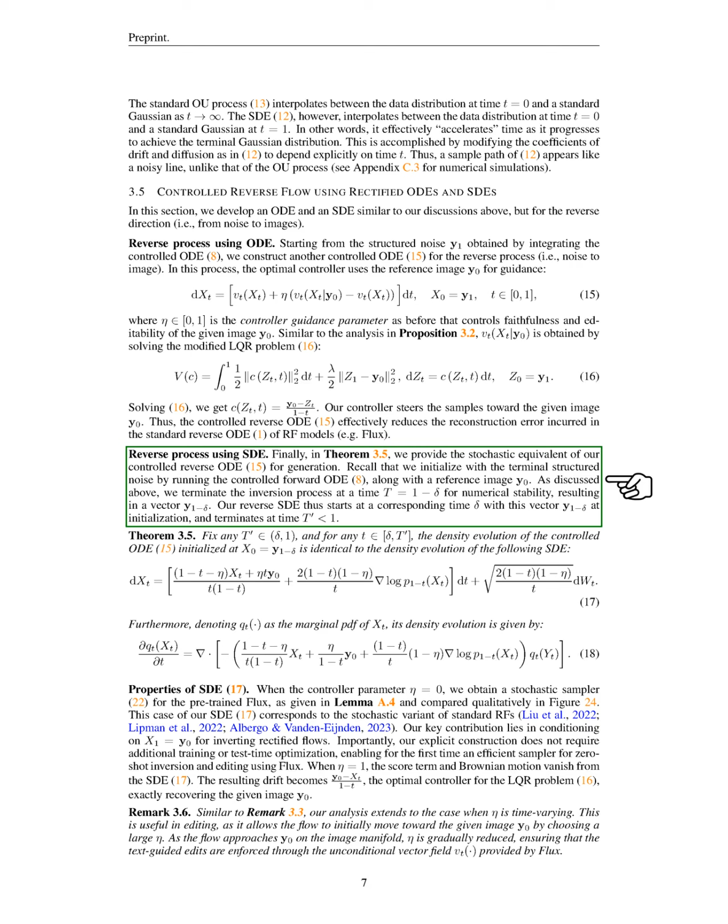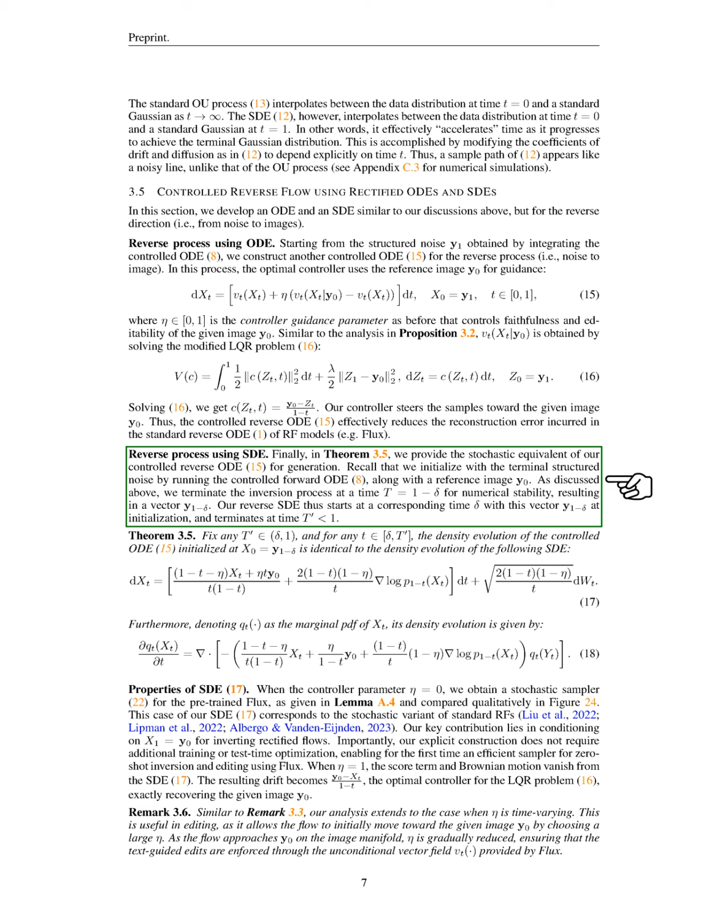Finally, we present the stochastic equivalent of our controlled reverse ODE. We initialize with structured noise and a reference image, ensuring numerical stability by terminating the process slightly before 1. The density evolution of the controlled ODE matches that of the corresponding SDE.